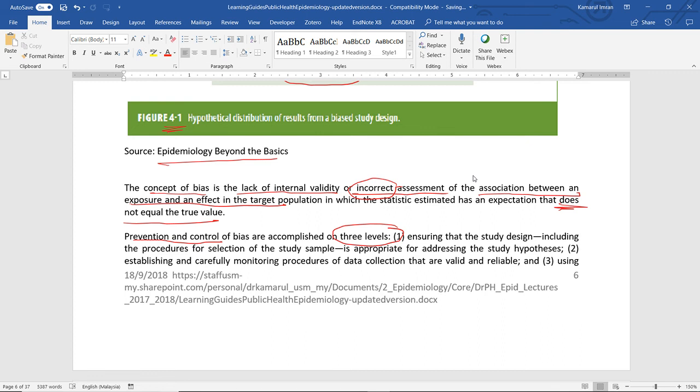Number 1 is ensuring that the study design is appropriate. Number 2, carefully monitor procedures of data collection.